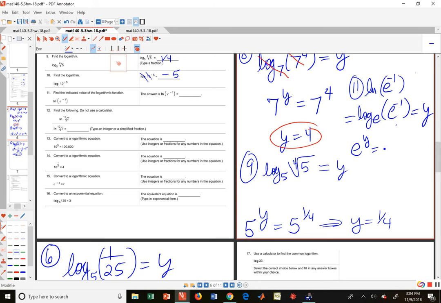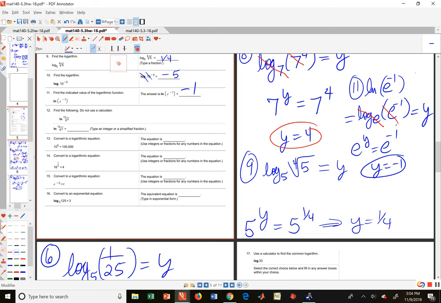E to what power is e to the minus 1? Well, the answer is just minus 1. Not a lot of work to do. The log base e cancels the base e. And so you just pick off the exponent there. You don't have to do a lot of work there. So minus 1. So you can pick these off really easy.